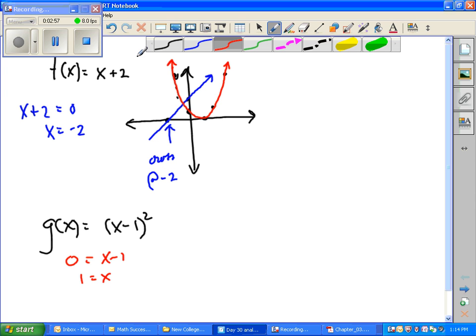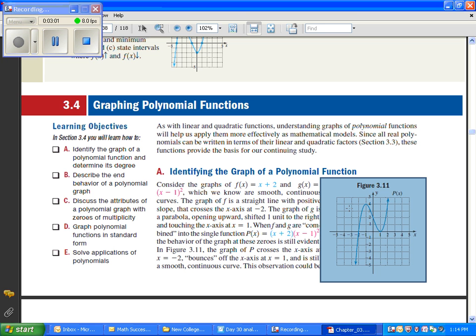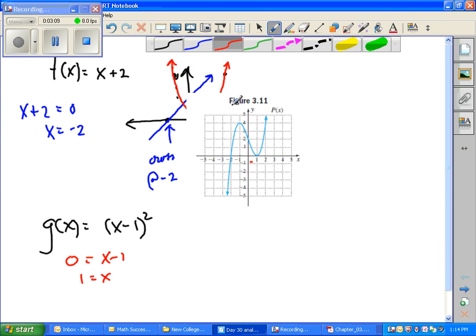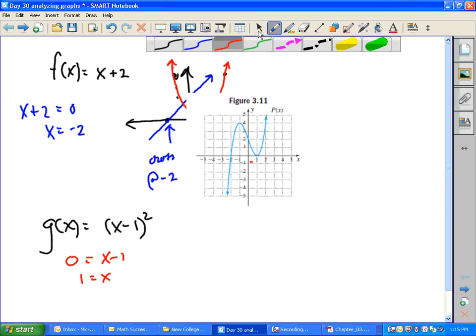Now what they show here, which is kind of interesting, when you look at this graph and its attributes, there it is.